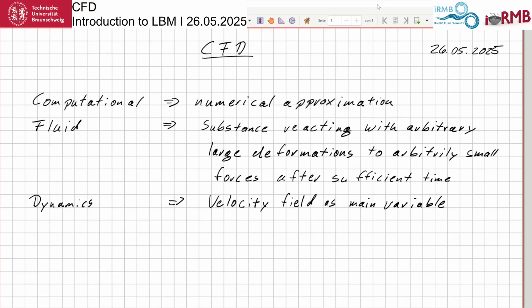It could also be that the velocity field itself is kind of static, but then it's still dynamics because something is moving around.